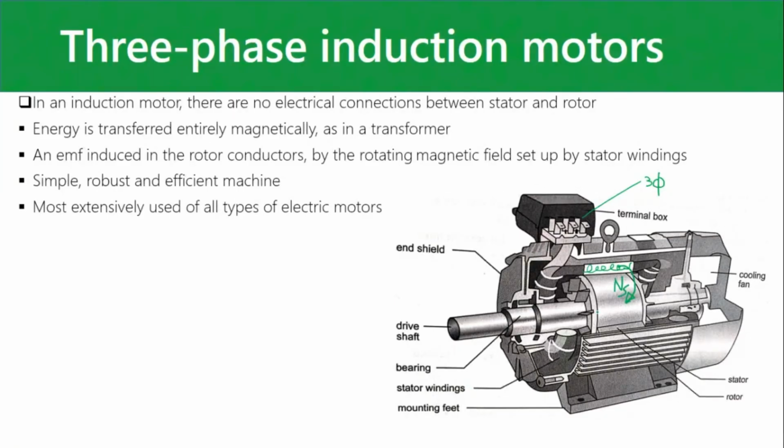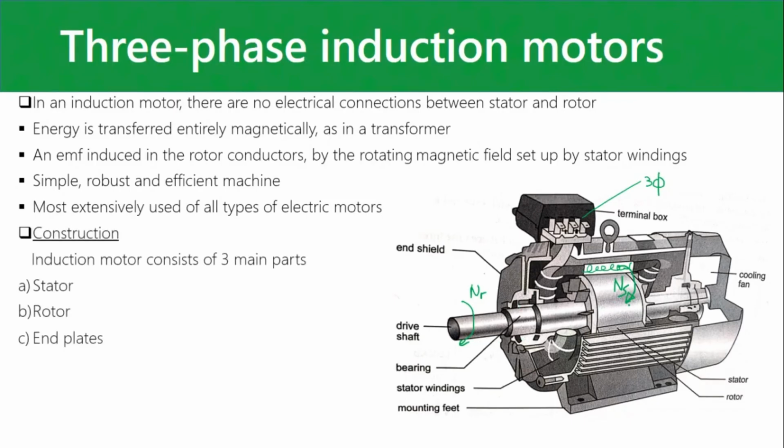With the induction motor, which makes it a bit different, the rotor speed is not equal to the synchronous speed of the magnetic field. So that's the most widely used motor. The stator and the rotor are the main parts, and the end plates house the bearings and protect all the bits and pieces inside.